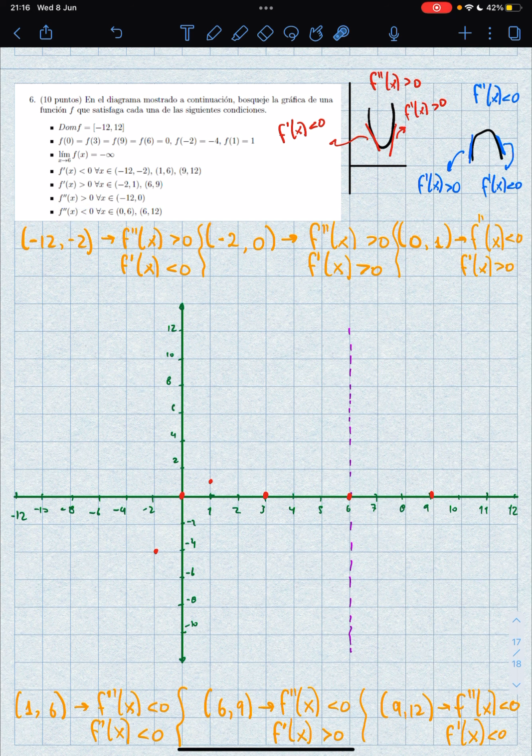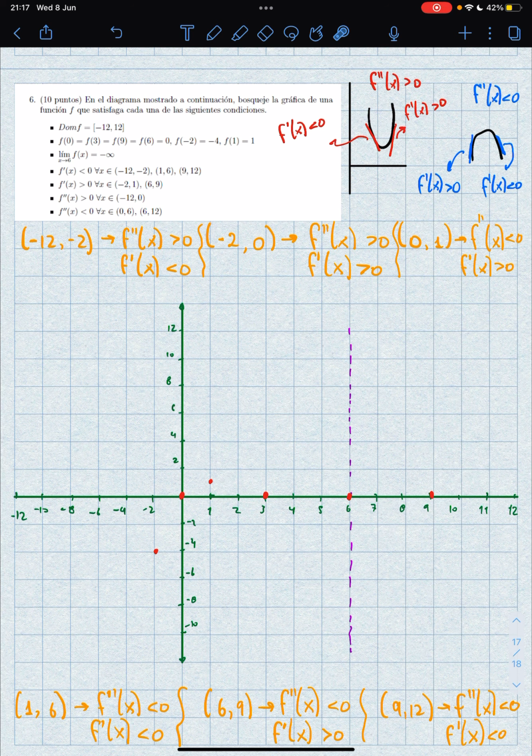So what you're gonna do is separate the intervals and analyze each interval. For example, in this case, I notice that here I have minus 12 to minus 2, but here I have minus 12 to 0, so I need to separate the interval.